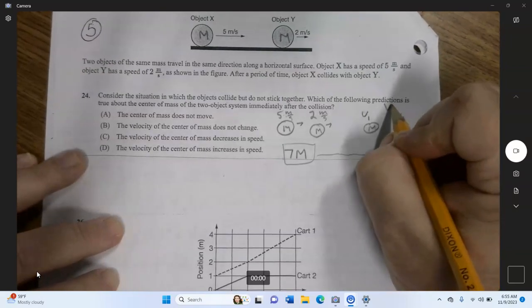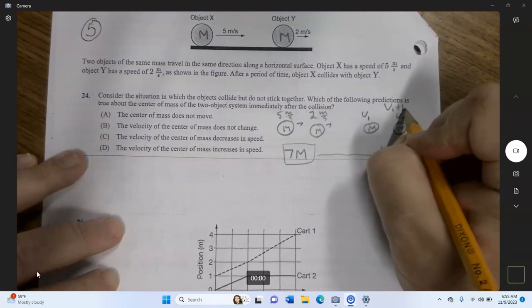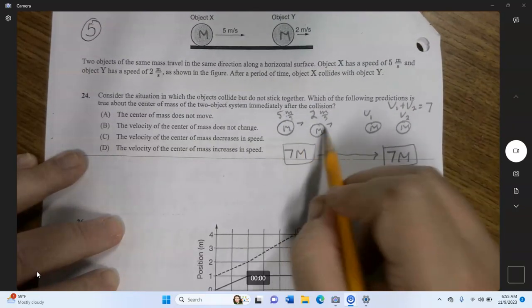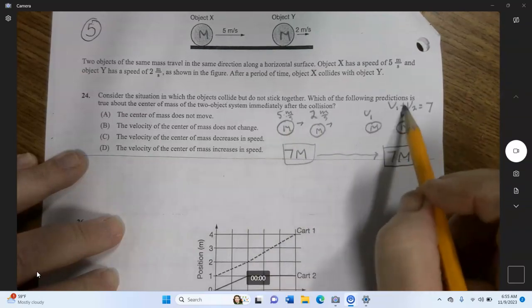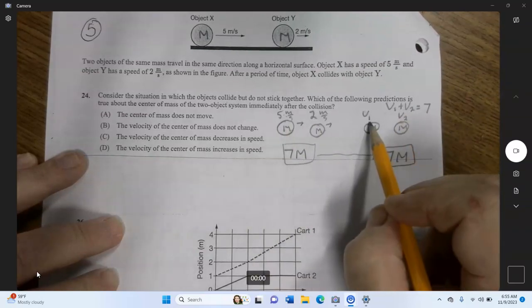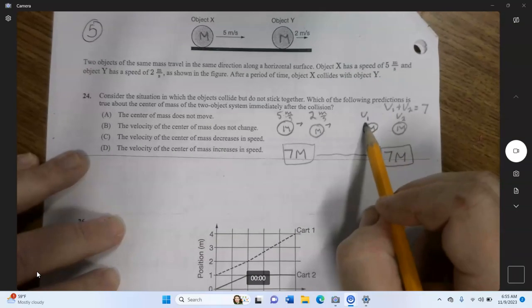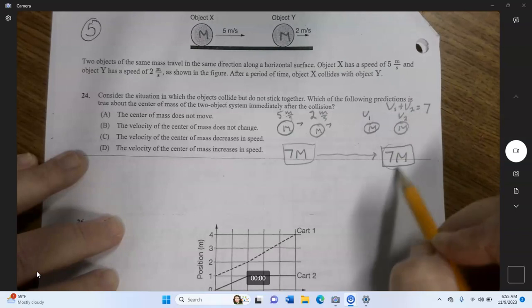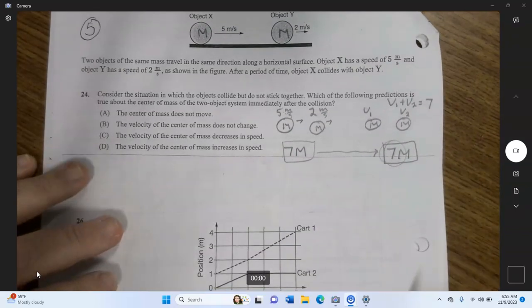So therefore v1 plus v2 still has to equal 7. The m's didn't change, right? So you had 7 here, so whatever this is, they could be different. This one could have slowed down to 4, and this one could have sped up to 3, but whatever they add up to, they have to still equal 7, conservation of momentum.